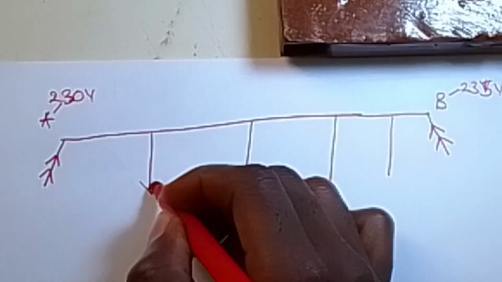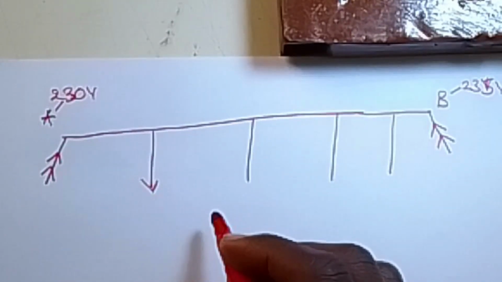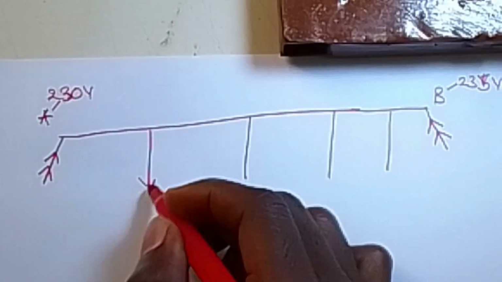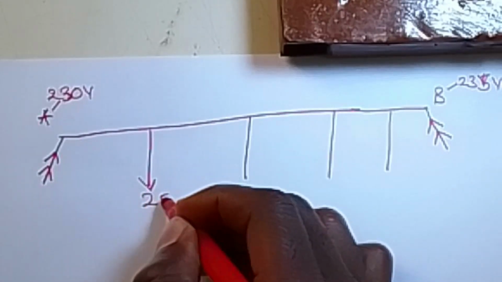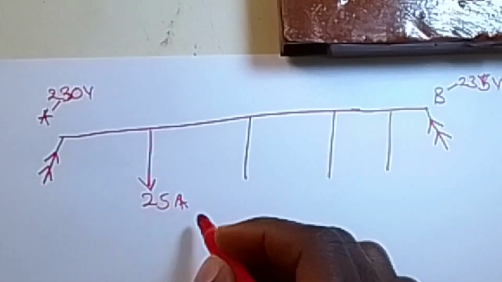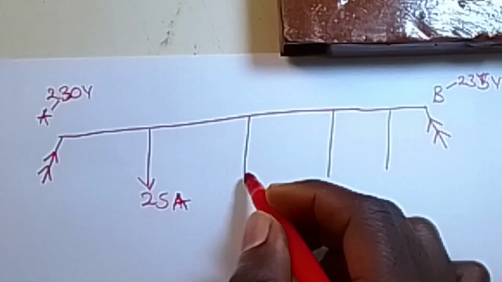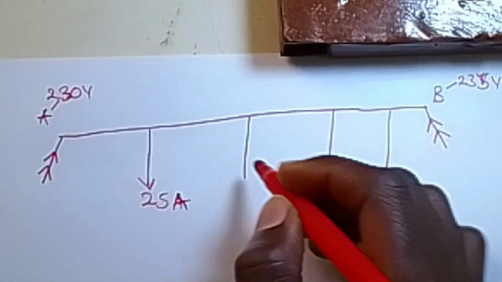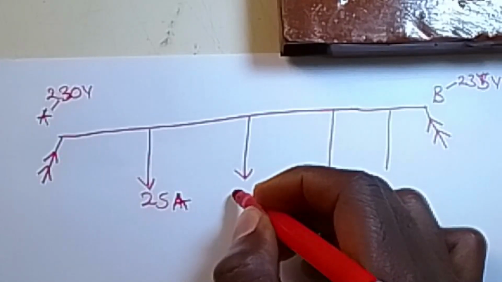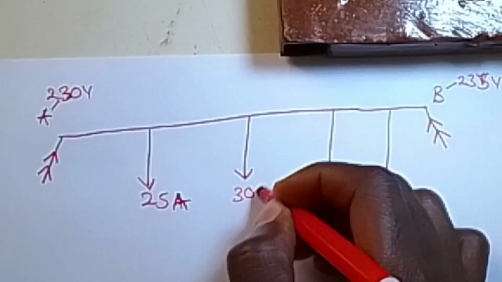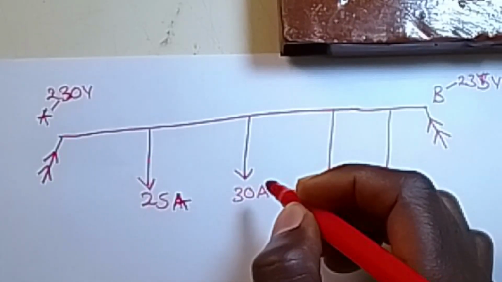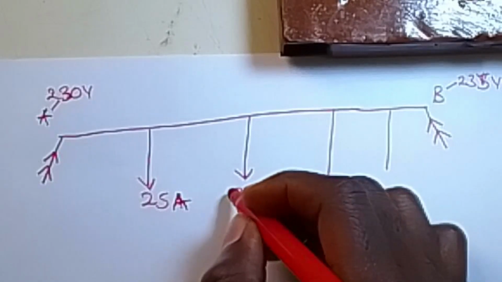So they are giving us that the first load is 25 amps at 50 meters from point A. So this is our 25 ampere load. Then here we shall have our second load, which is 30 amps at 100 meters. Sorry, no, it's not the second one.